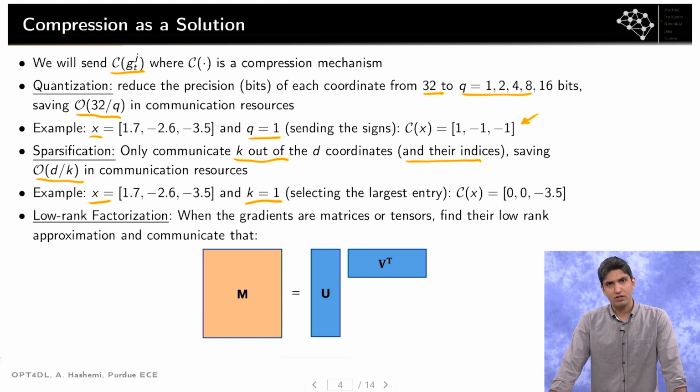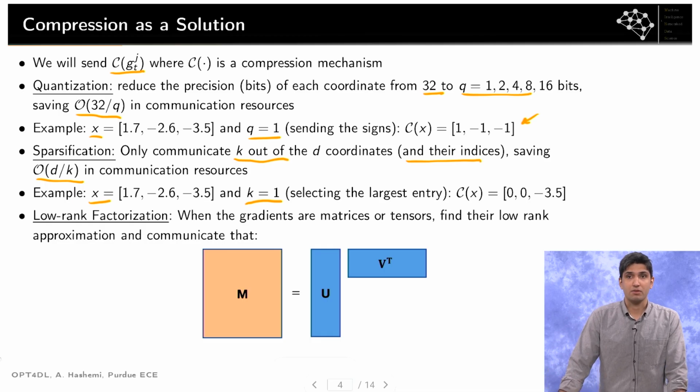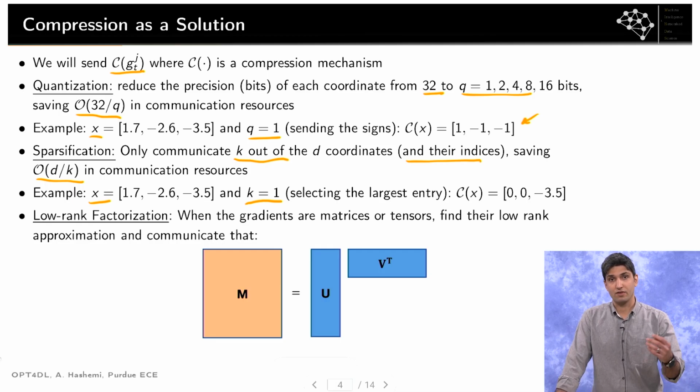Naturally, if we can only send one coordinate, we may want to send the one that is largest. Okay, so in some sense that would reduce the compression error, which is basically the difference between what we are sending as a result of compression and what we hope to send, which in this case is x.